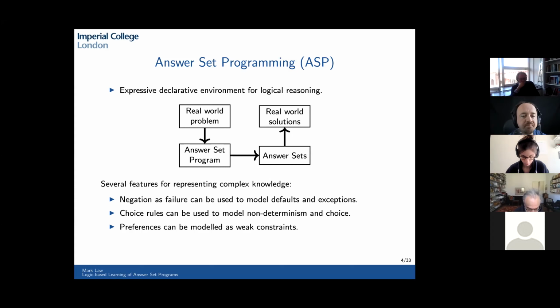So if we have a choice of things that we could put in our answer set, then we'll usually get several different answer sets where we've chosen each of the different options. And then because general answer set programs have multiple answer sets, just like real world problems tend to have multiple solutions, we can easily model preferences over these answer sets using weak constraints.